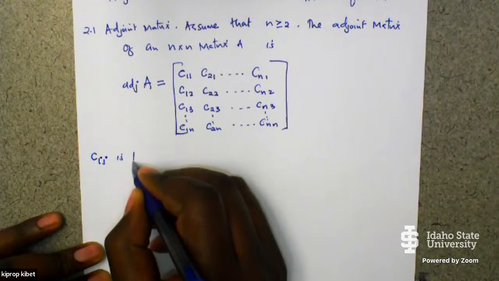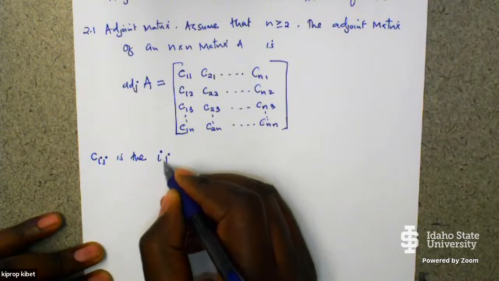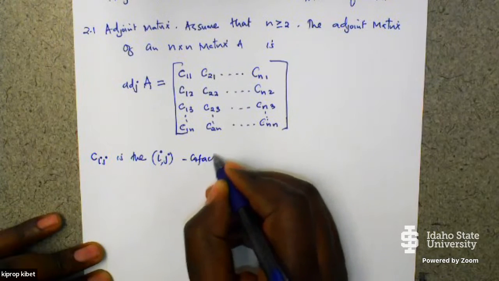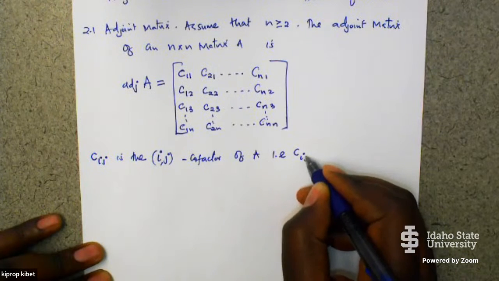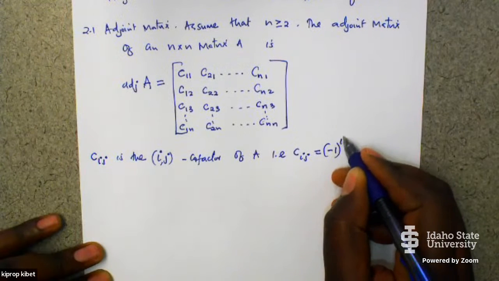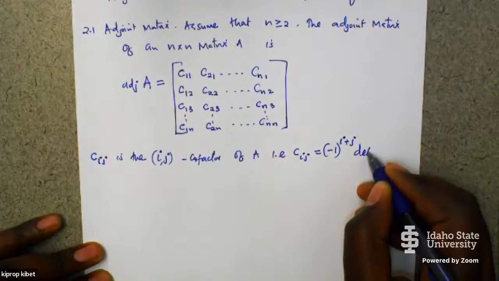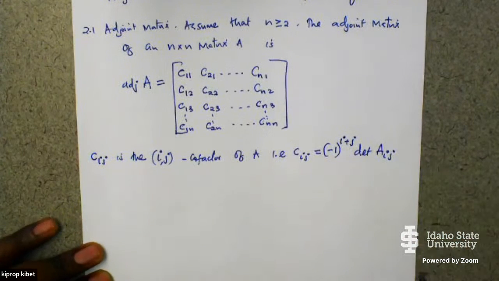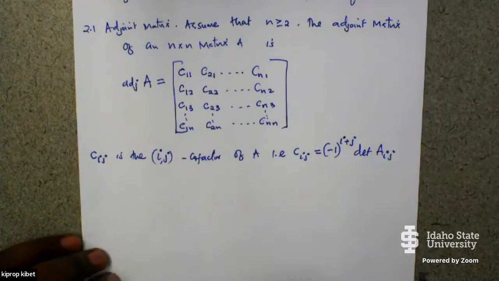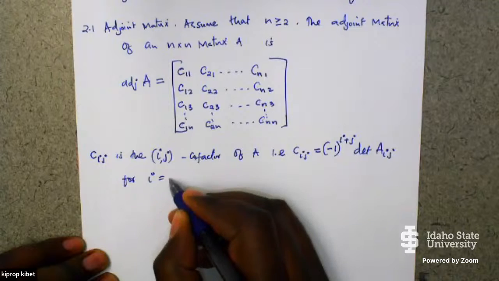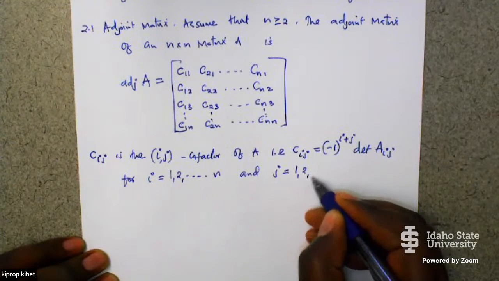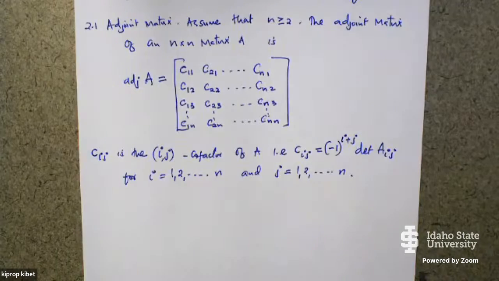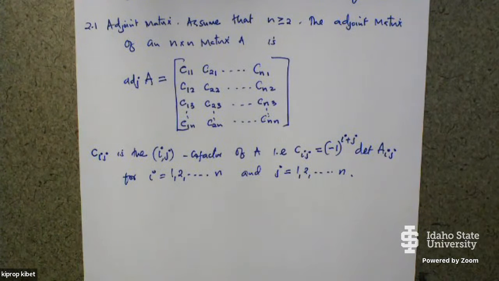Cij is the ij cofactor of A, where Cij is equal to -1 to the power i plus j, times the determinant of Aij, for i equals 1 up to n, and j equals 1 up to n. So that is how to get the cofactors.